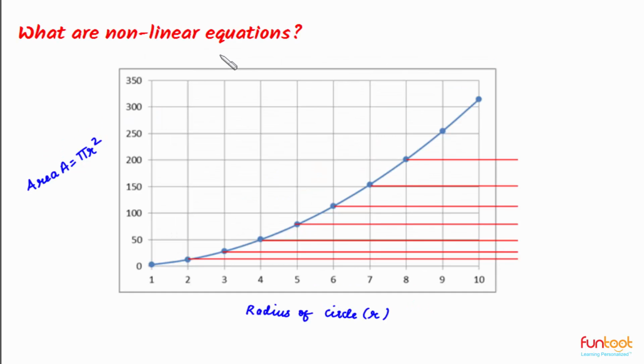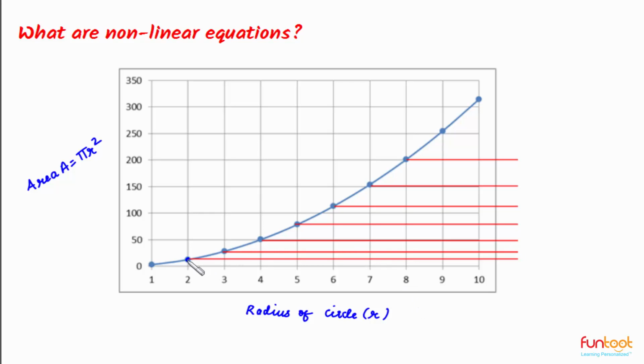Now let's see what are nonlinear equations. So let's consider a graph between radius of circle r along the x-axis and area A given by pi r square along the y-axis. In this graph we can see for unit increase in value of radius of circle r, increase in the area A is not constant everywhere.